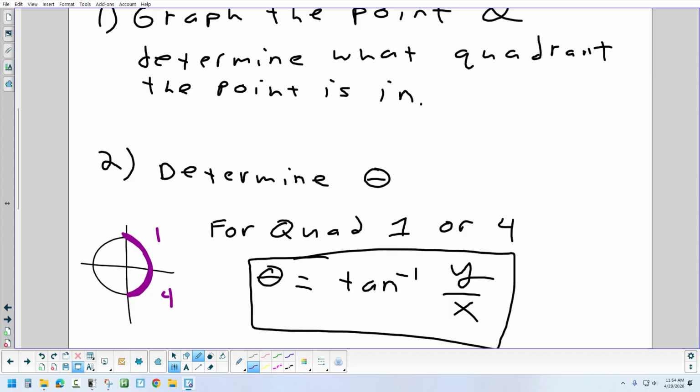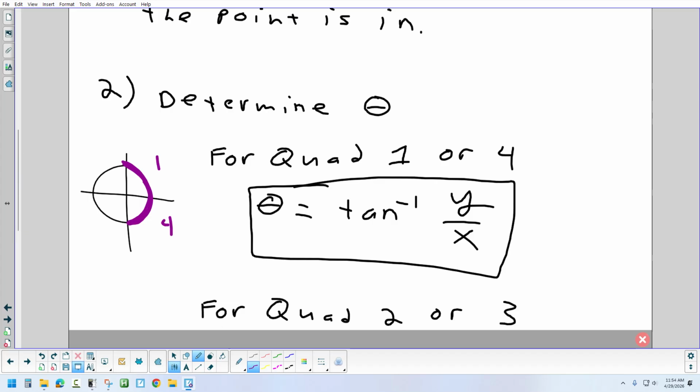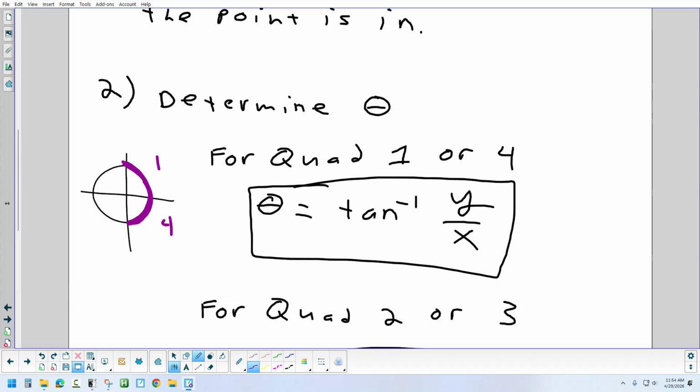So if you want to get an answer over here, if you wanted to rotate and end up on the other side and go halfway around this circle, how much would you have to rotate? 180. So if you want an answer on the other side of the circle, you have to go like this.